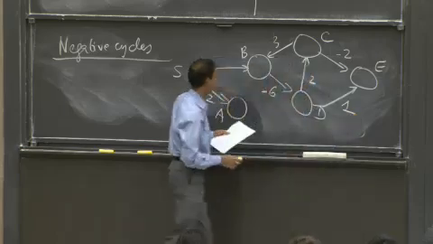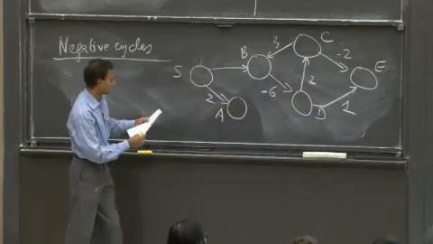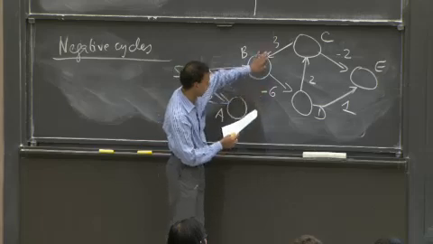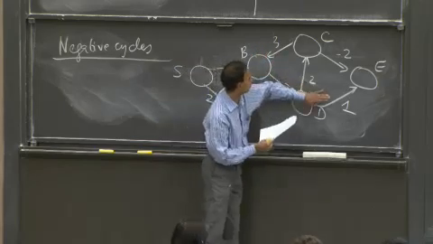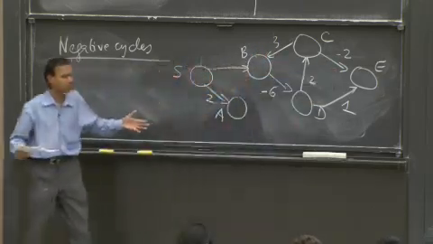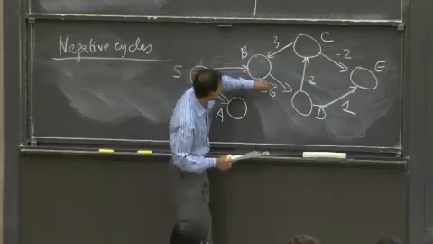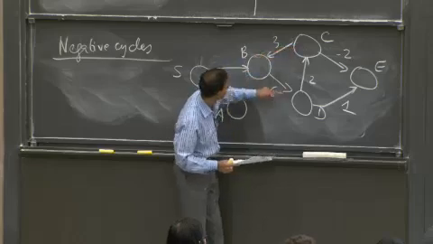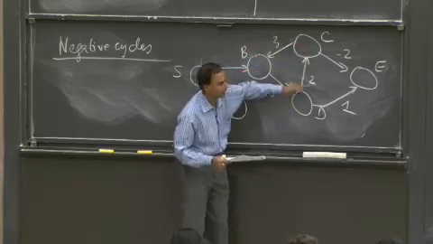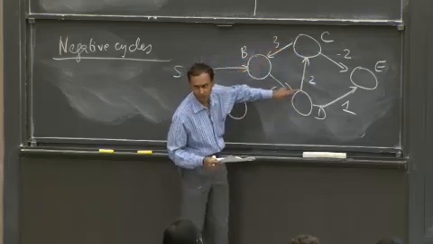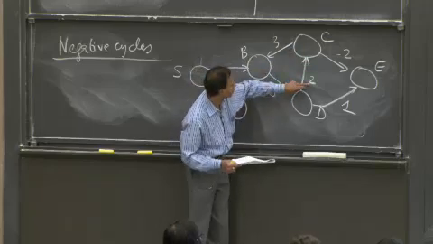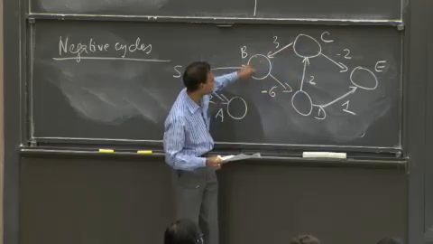So 2, 4, -6 over here, 3, 2, 1, and -2. One thing you notice from this graph is that you've got this annoying cycle here that's a negative weight cycle, and that's why I've picked this particular example. -6 plus 2 is -4. -4 plus 3 is -1.